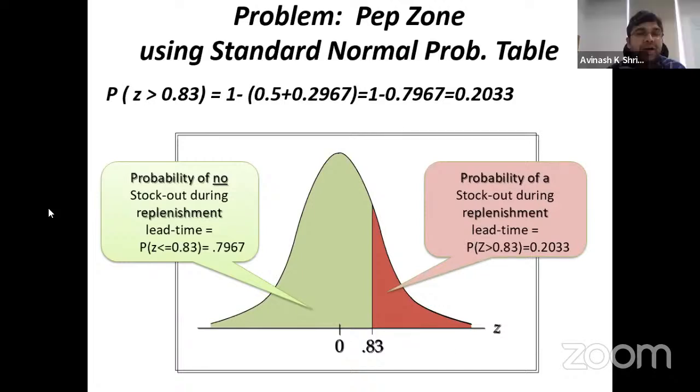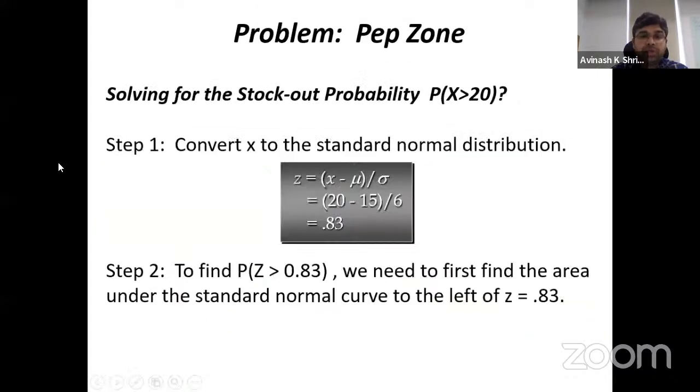Okay. So firstly, what we have found is that the value corresponding to x more than 20 will give me z more than or equal to 0.83. Now, we have got a value of z equal to 0.83. To find the probability corresponding to a z-score, I have to go to the normal table, which I showed you earlier.